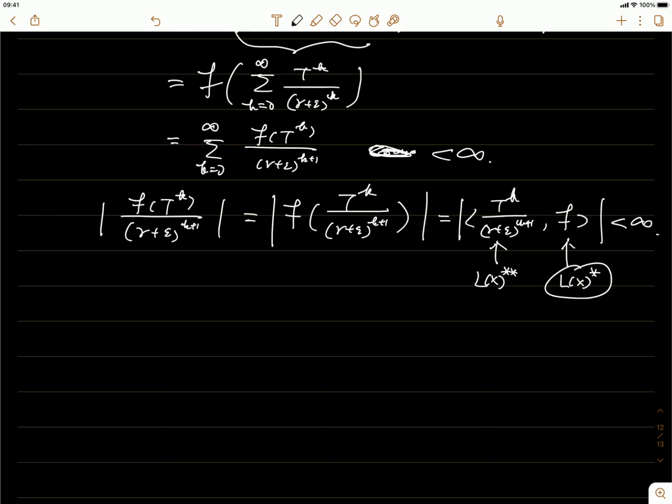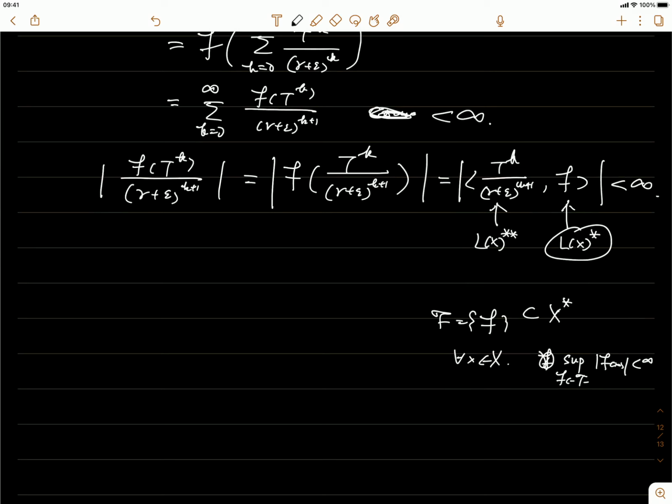Remember that the uniform boundedness theorem says that if I have a family of F in the dual space, and for each x in the space X the supremum over F in the family of |F(x)| is bounded, then that just means that the family is uniformly bounded.